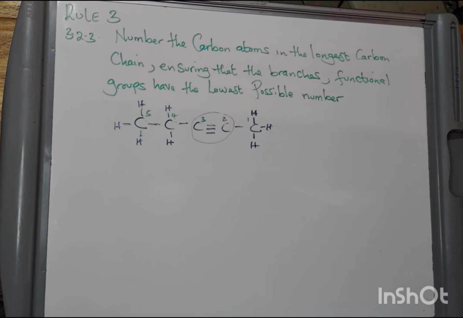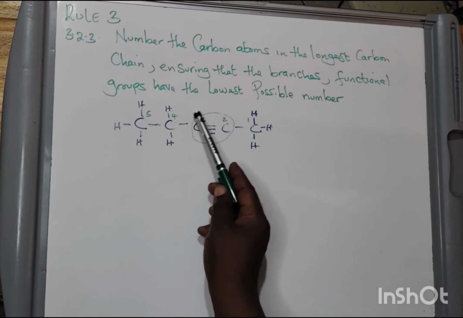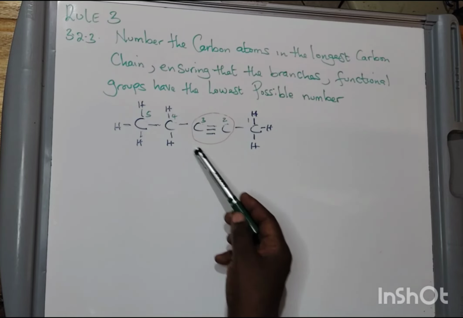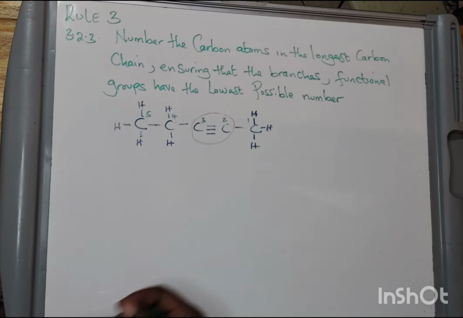So the question is, what is the parent name for an organic compound with 5 carbon atoms? The parent name is pentane. But because you have a triple bond, it's not an alkane, it's an alkyne. So the parent name is pentyne.